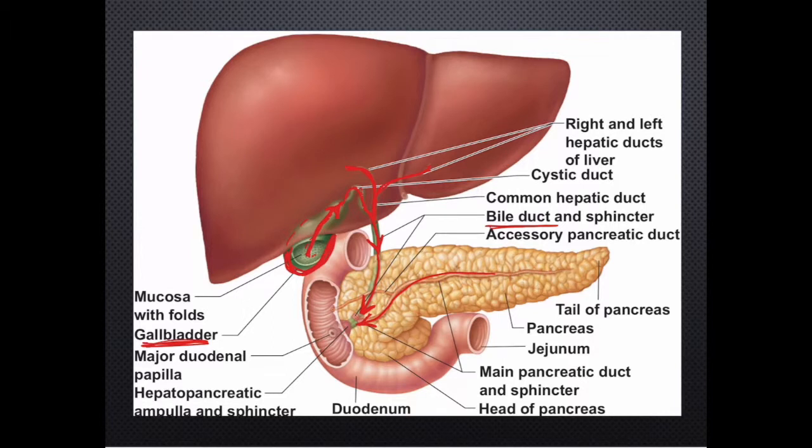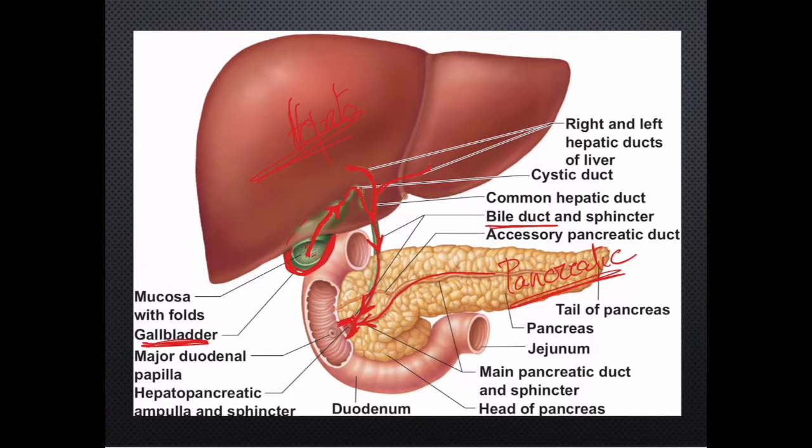They will form together my hepatopancreatic ampulla. So the hepatopancreatic ampulla is simply the duct that will be receiving the secretions from the liver and from the pancreas.